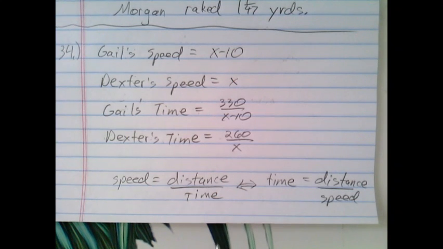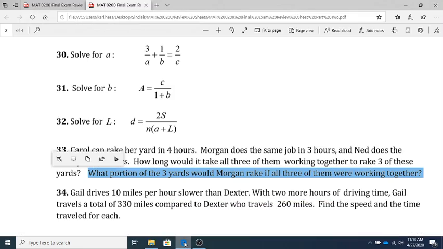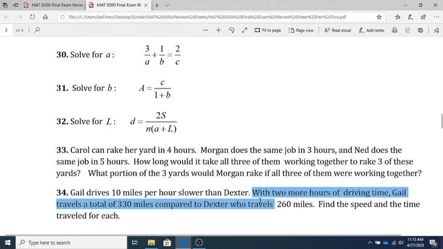His speed was x. Now, there's one last little bit of interpreting I have to do. I've got to get this translated into an equation. Let's look at it one more time. It says, with 2 more hours of driving time, Gail drives 330 miles compared to Dexter, who drives 260. So Gail's time is 2 more than Dexter's time.